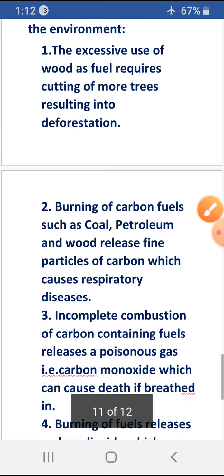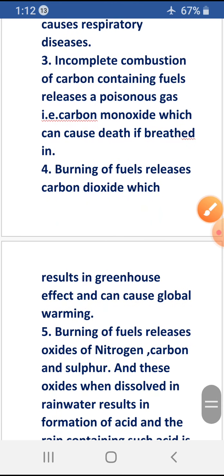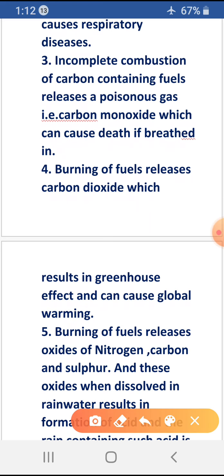Next point is incomplete combustion of carbon containing fuel releases a poisonous gas, that is carbon monoxide. I think you all are aware of the difference between complete combustion and incomplete combustion till now. Here we are talking about incomplete combustion of fuel that contains carbon.